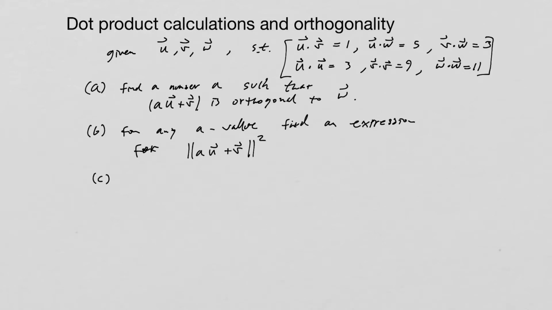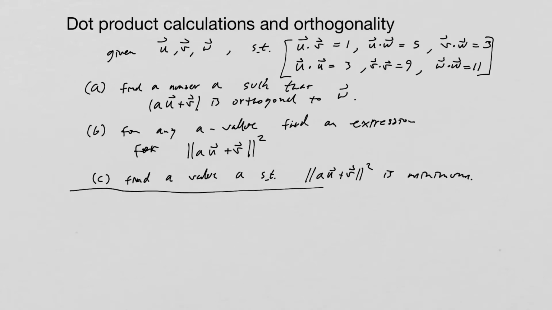And then C, find a value A such that the magnitude of that vector is minimum. Okay, so let's see if we can answer this question. So there's the three questions we want to have.